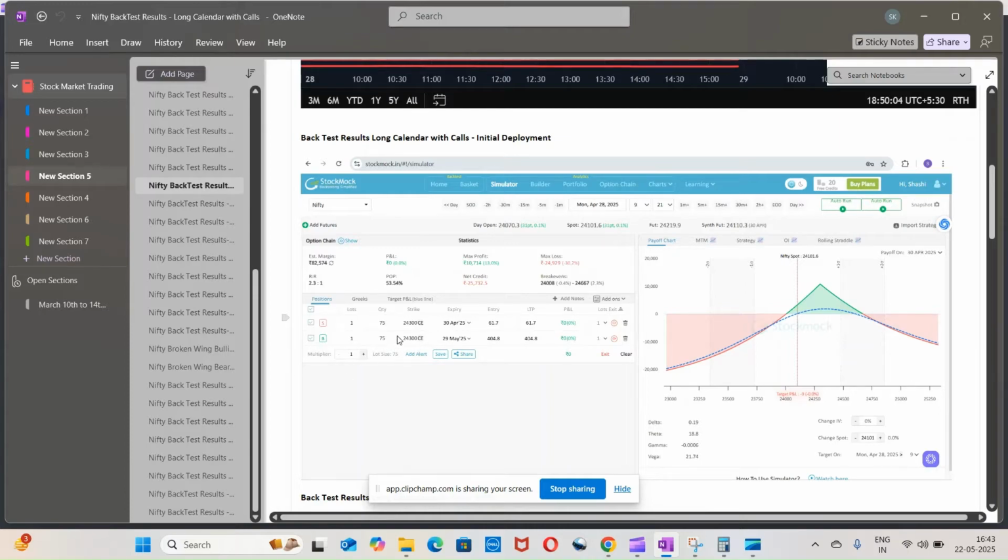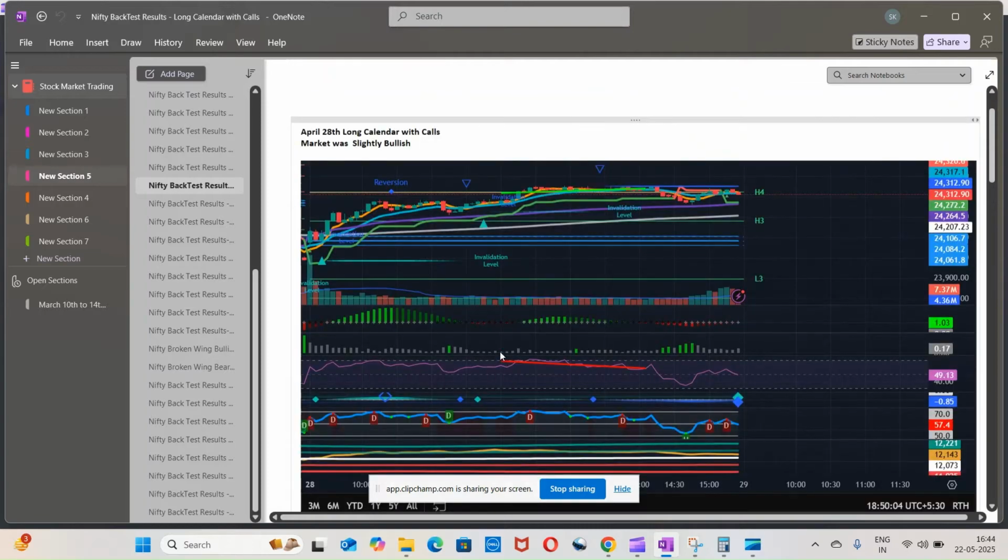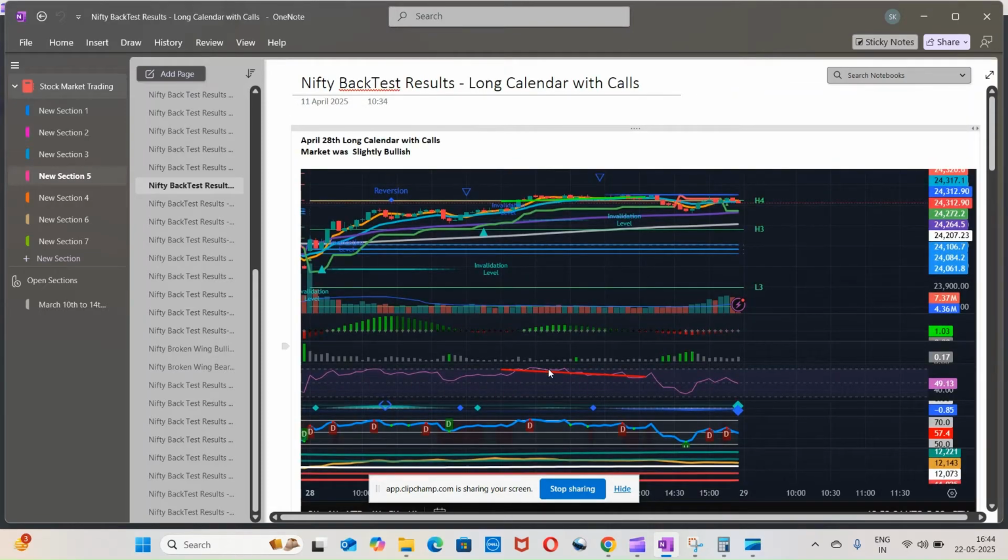That is the strategy. Since we are using calls here for a long position, this is called long calendar with calls. It is a bullish directional strategy.